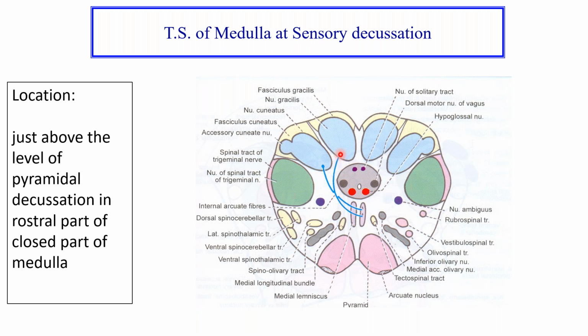These fibers turning ventromedially are called the internal arcuate fibers. Once they turn ventromedially, they occupy a more anterior plane, and the tract that is created is called the medial lemniscus. The fibers present more medially, that is the sacral fibers, will settle more anteriorly, and the fibers from the cuneatus, the internal arcuate fibers, will cross ventromedially and settle more posteriorly.